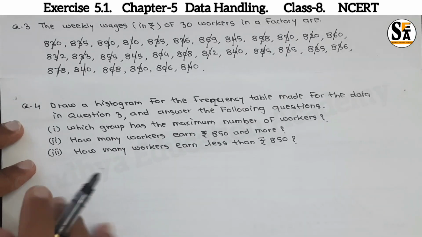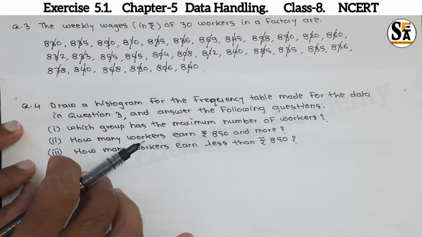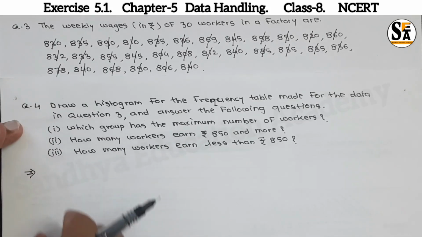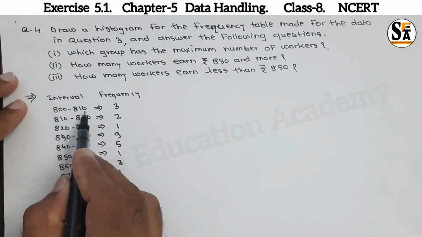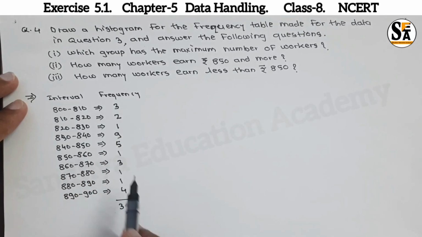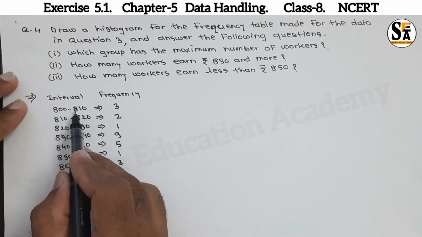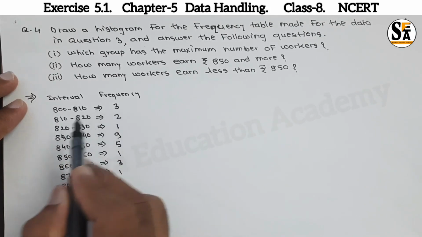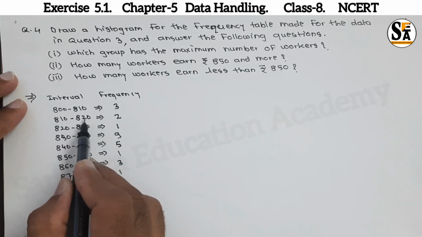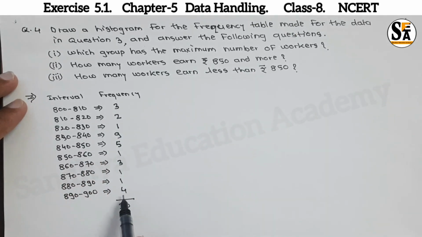So first let's draw a class interval and frequency table, and then we will draw a histogram. This is the data from question number 3. These are the class intervals and this is the frequency. 800 to 810, there are 3 workers. Similarly, for each interval the frequency is written here.